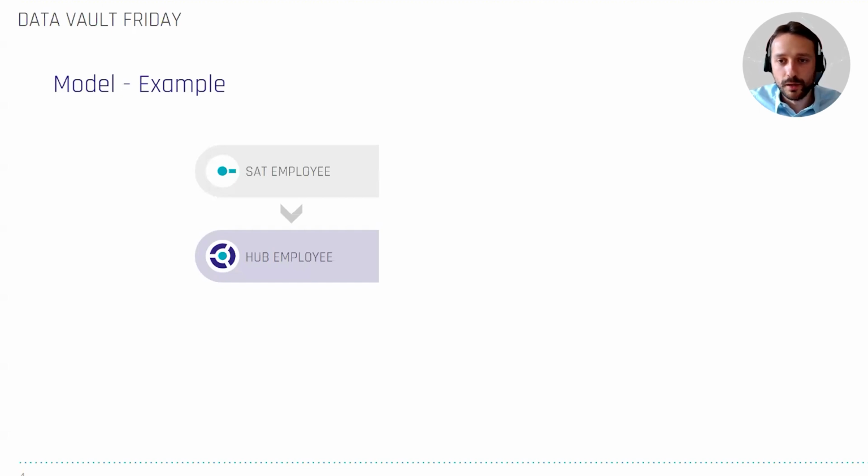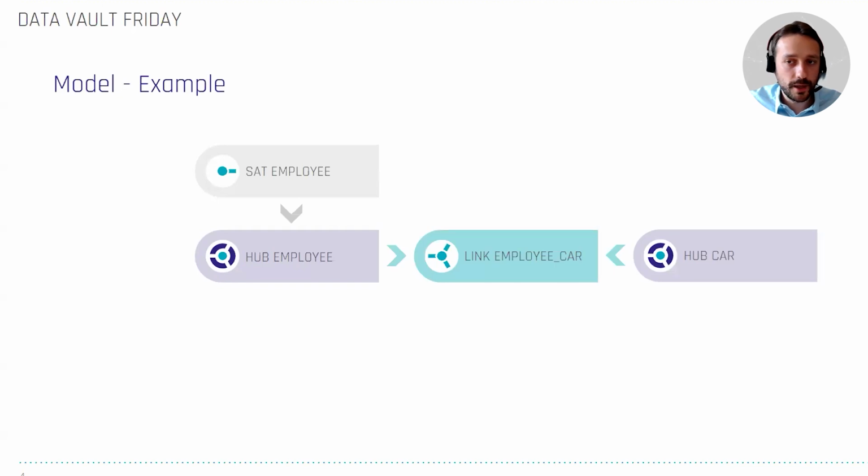You simply select a distinct from the employee satellite with minimum load date timestamp and load it into the hub. And the relation between the employee and the VIN number becomes your link entity. And you could even load effectivity satellites from the satellite delta, so that's also possible. That's the refactoring strategy to load the new entities from the existing Data Vault model.